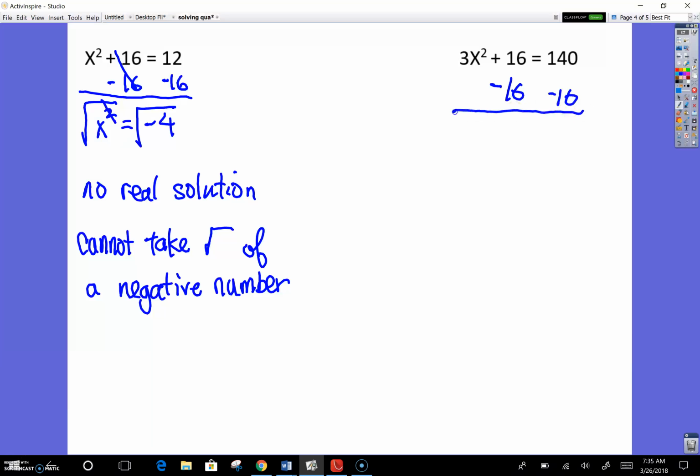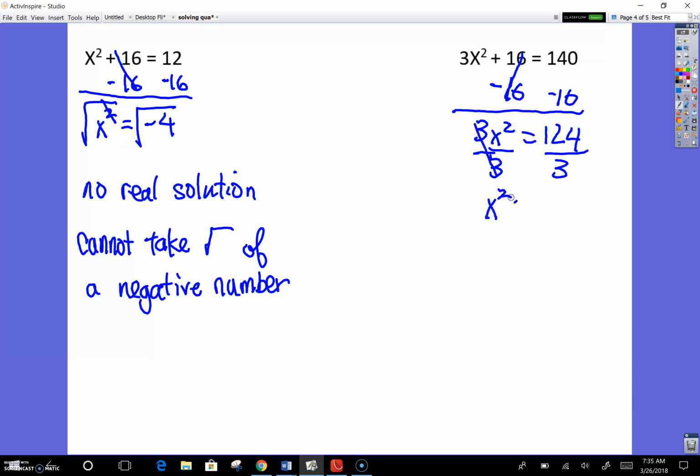Okay, so this gives me 124. 3x squared equals 124. You divide by 3. Cancel.